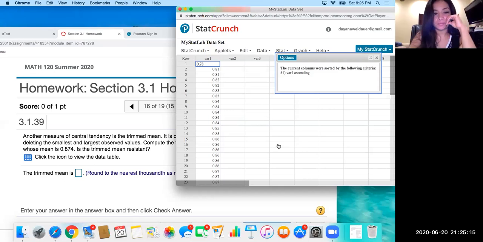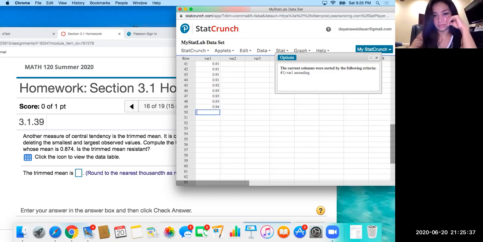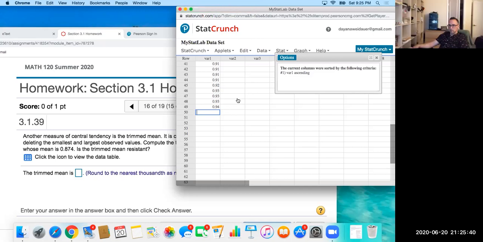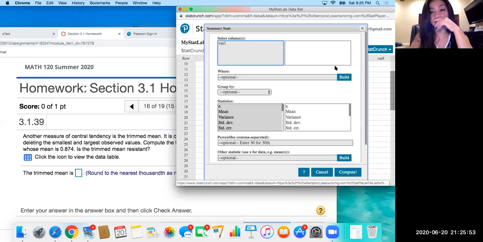Okay, so just go to 0.78 and press delete, just get rid of that value. And then do the same thing on the top. Yeah. And that's it. Now find the trimmed mean. Would it give it to me in the same place?